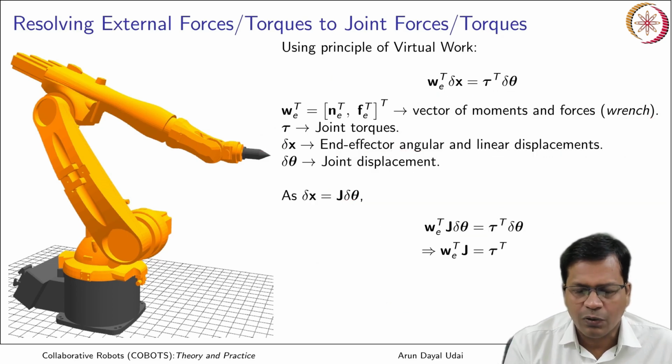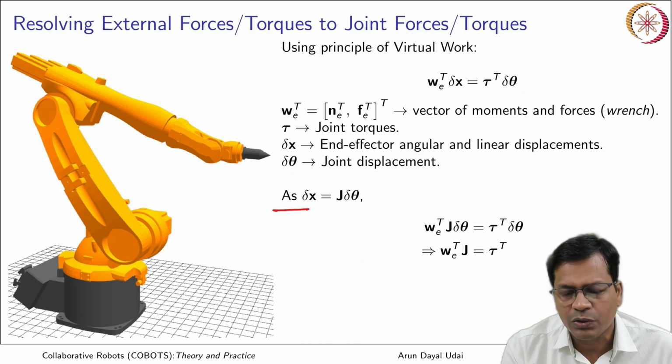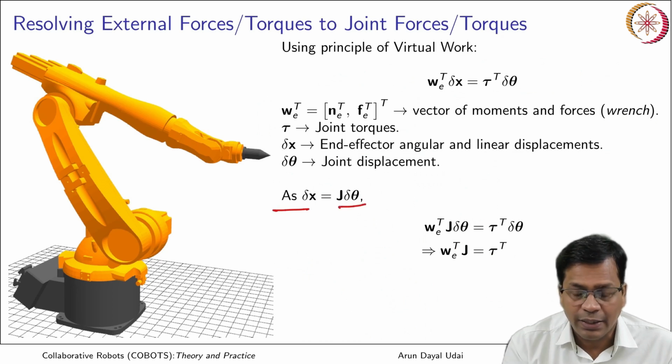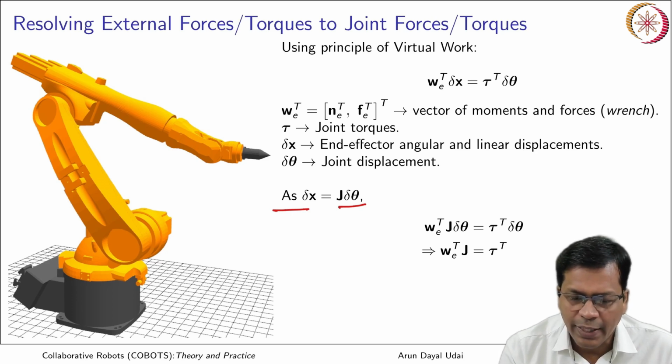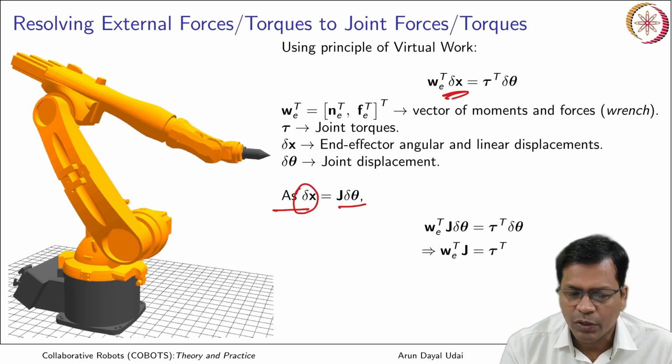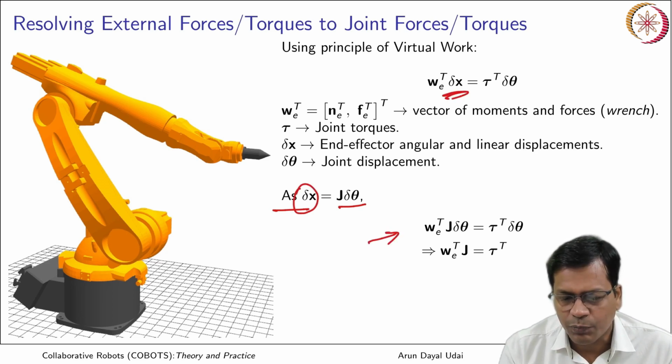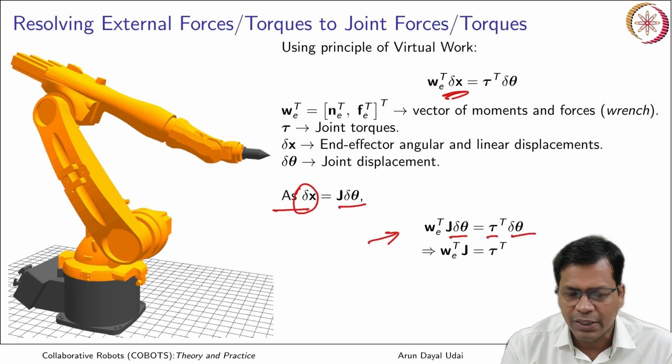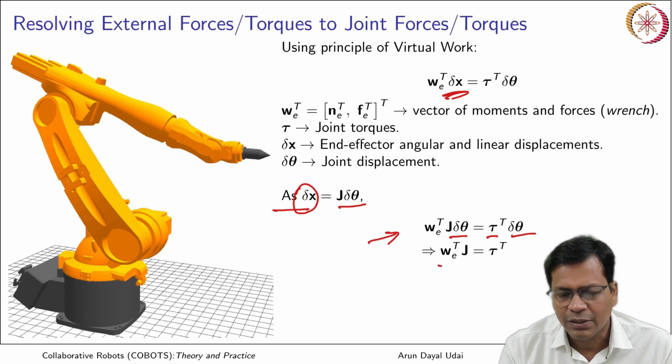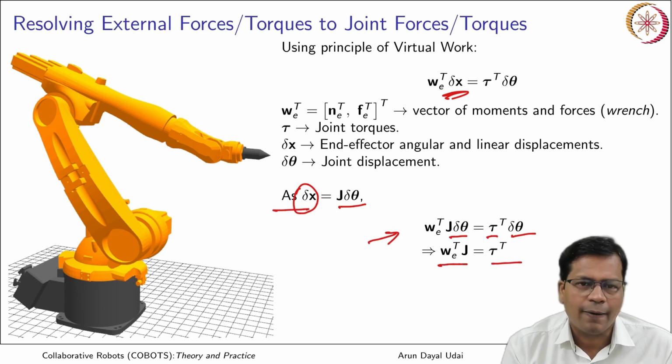As you already know, delta x is equal to the Jacobian times delta theta, so the Jacobian relates the input and output rates. Substituting delta x here, we get the wrench transpose times the Jacobian times delta theta is equal to tau transpose times delta theta. If we cancel out delta theta, we get wrench times Jacobian is equal to torque.